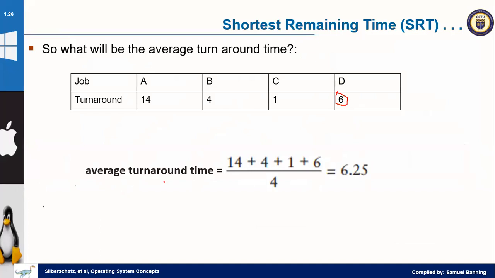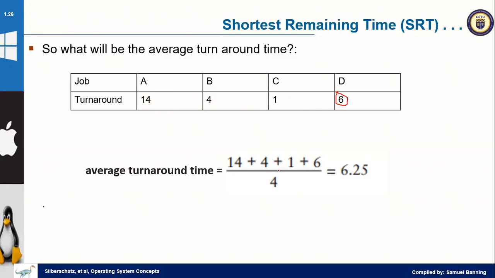The average turnaround time will be the turnaround time for each of these jobs divided by the total number of jobs. So here we have 4. The average turnaround time will be 14 plus 4 plus 1 plus 4. So 4 plus 1 will give us 5, plus 4 will give us 9, plus 14 will give us 23.